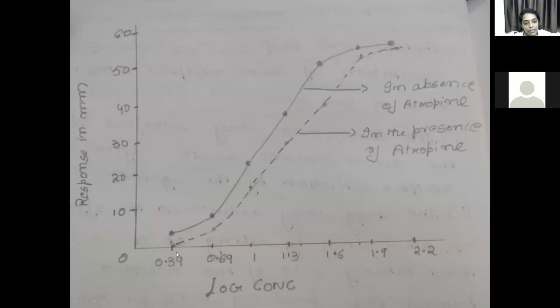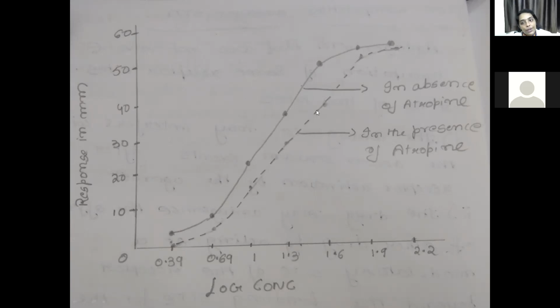Then again, for the same concentrations, you plot the response in the presence of atropine. You've seen that for the first dose, the response was 0, so I've started it here. For the first dose it will be 0 mm, so the first dot will be here, the next dot here, and so on. Then you join it with a dotted line.